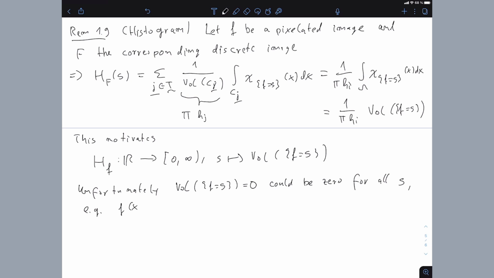If we look at the extremely simple function, for instance, f of x equals x, the problem is that each s is only attained exactly one time, and the volume in 1D of a single point is 0. So this kind of definition of the histogram wouldn't return anything for this image, which is certainly non-constant. Actually, it has a very, very nice shape. It's really the identity, and this should somehow correspond to the uniform distribution.